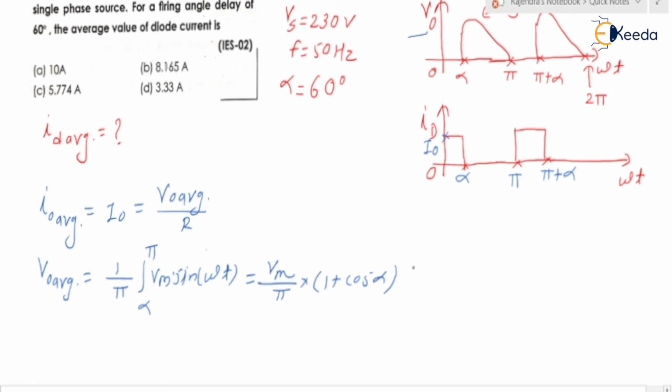Further, we can simplify it as Vm, which is 230 into root 2, divided by pi, into 1 plus cos alpha.